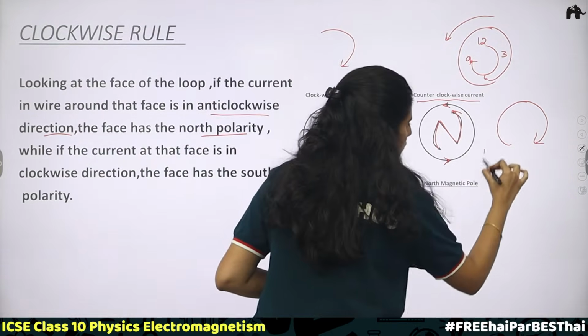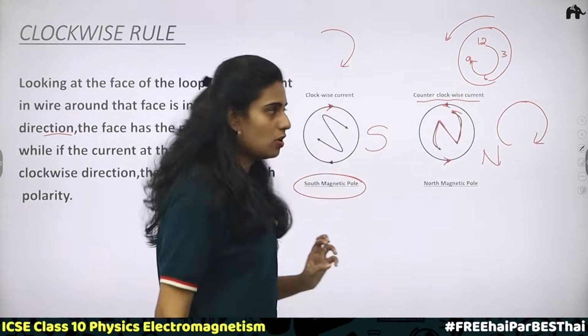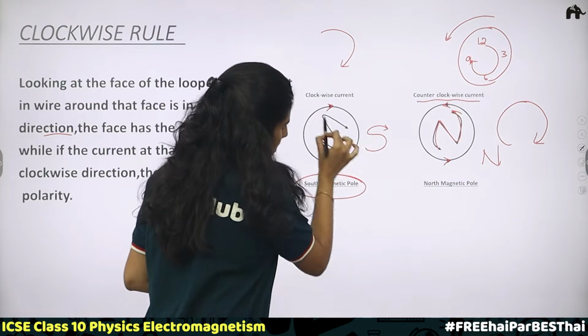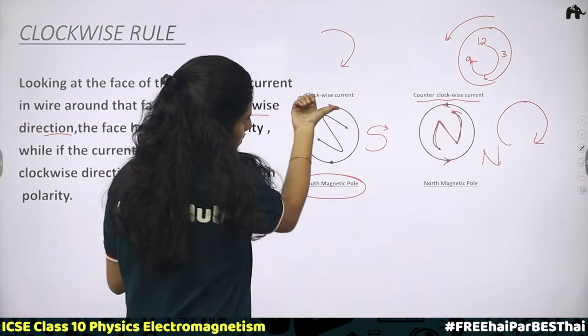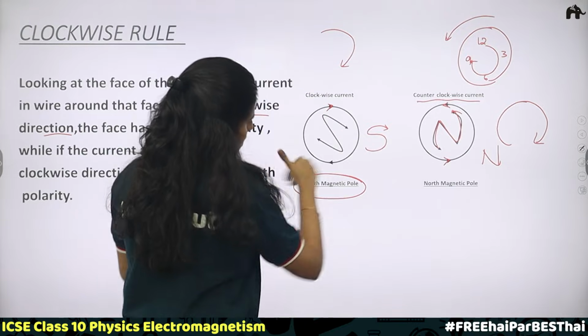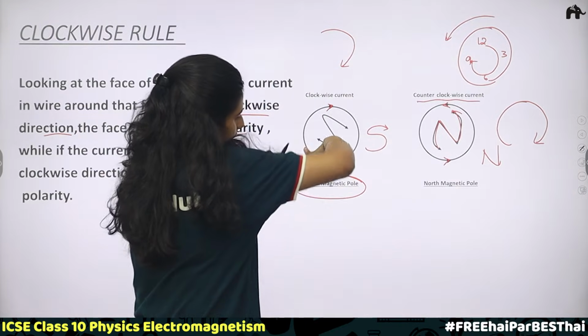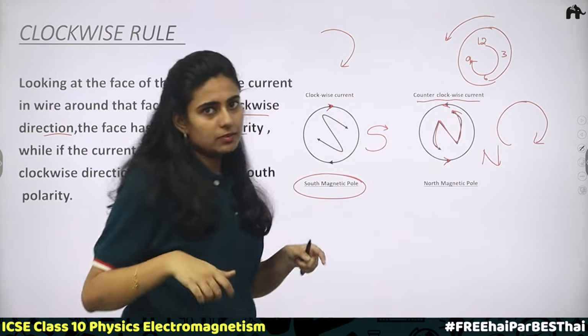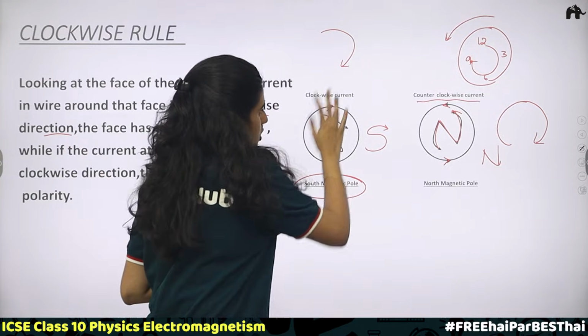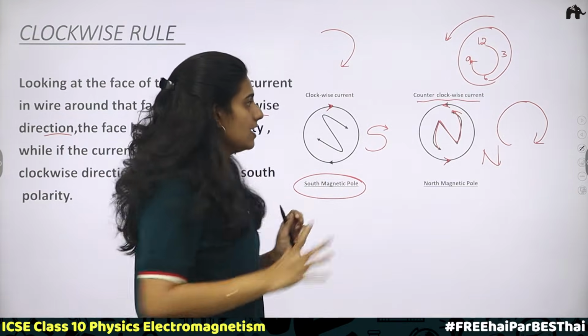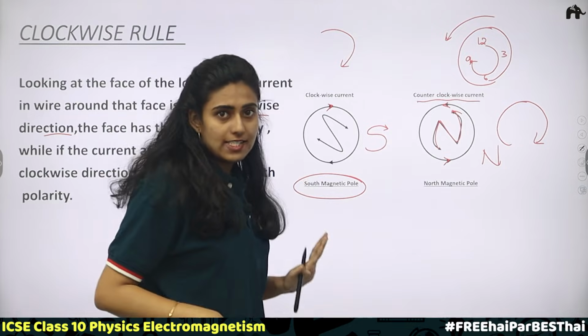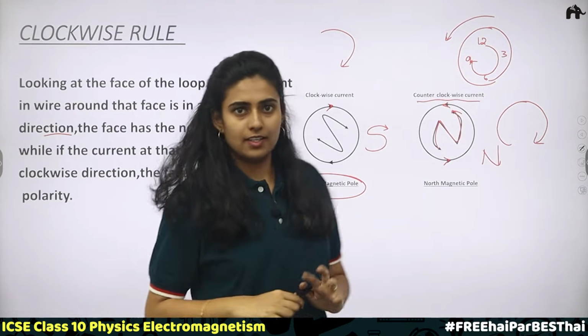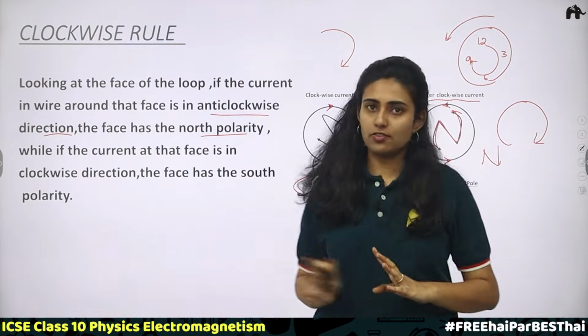This is in the form of N. N means north pole. From this point, when you keep here, you will have this direction showing. So this is about the relation between counterclockwise current and the north pole, clockwise current and the south pole. So this is your clock rule.